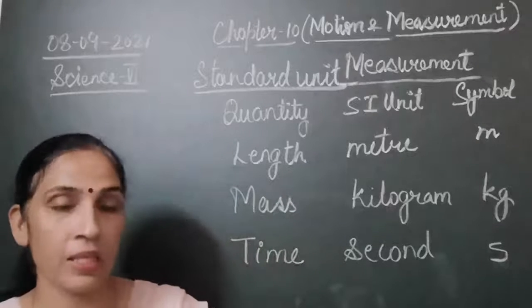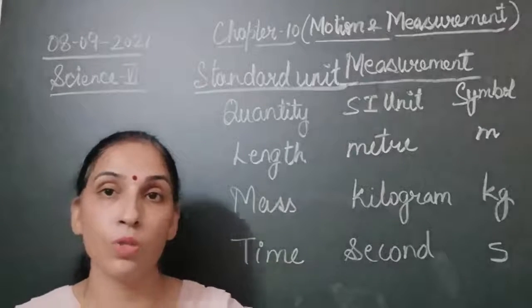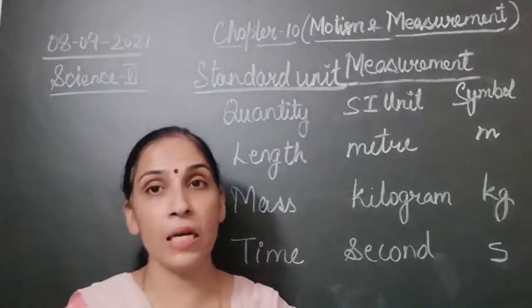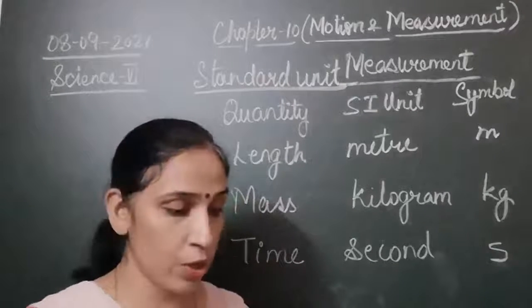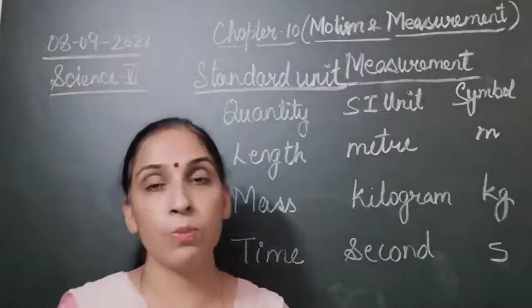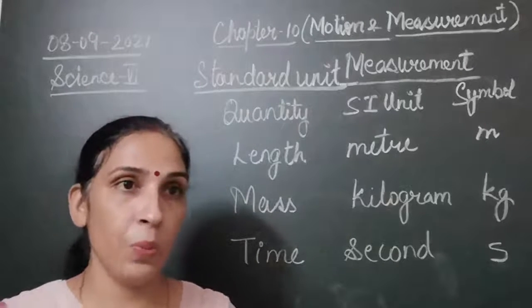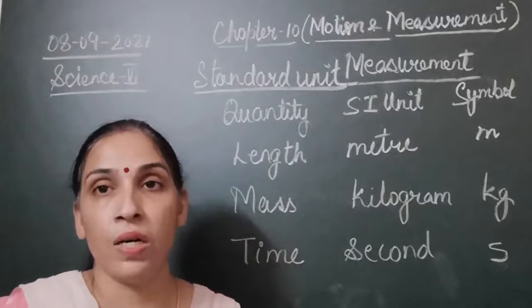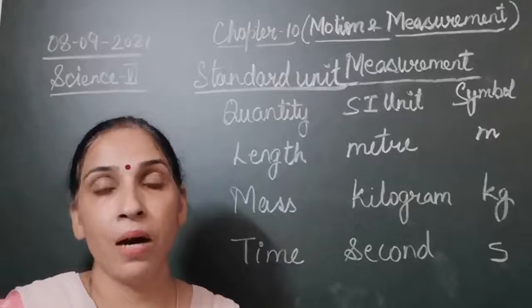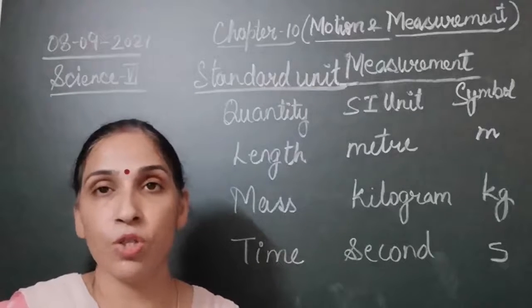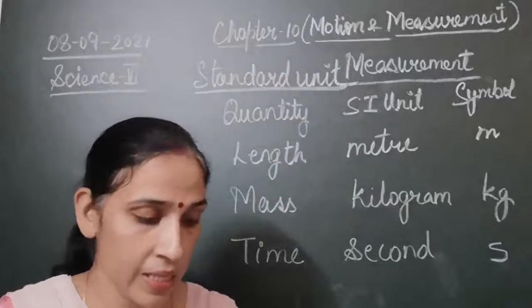The multiples and submultiples of units, we are going to start tomorrow. Our requirement of a measurement unit was met, and scientists invented standard units of length, mass, time and temperature in the year 1960.